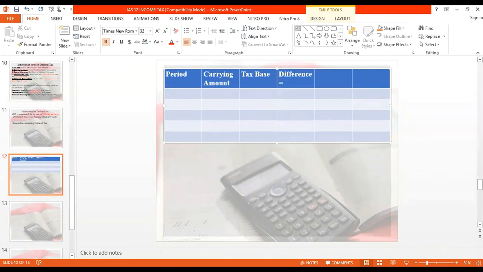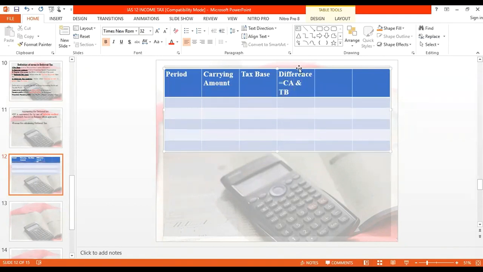Next, you'll have deferred tax. This is what gives you deferred tax. Okay, I didn't need the last column. So that is what you'll just be showing when you are calculating that.